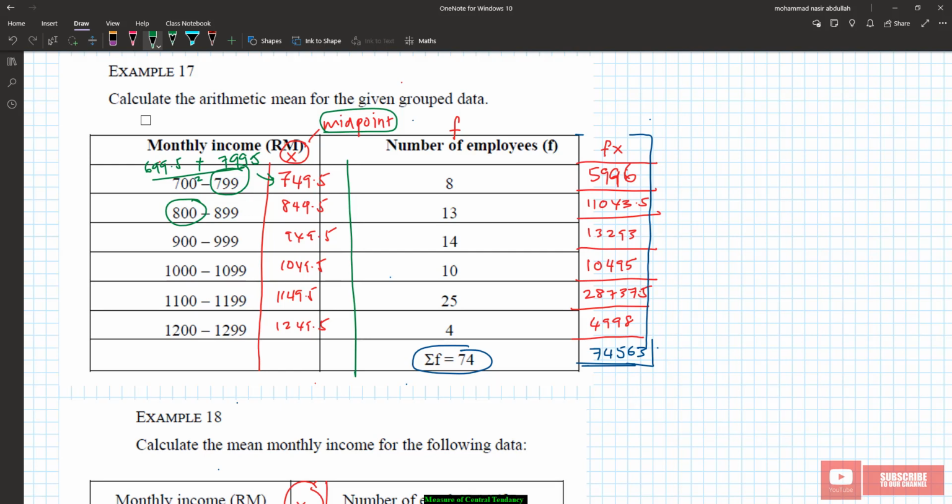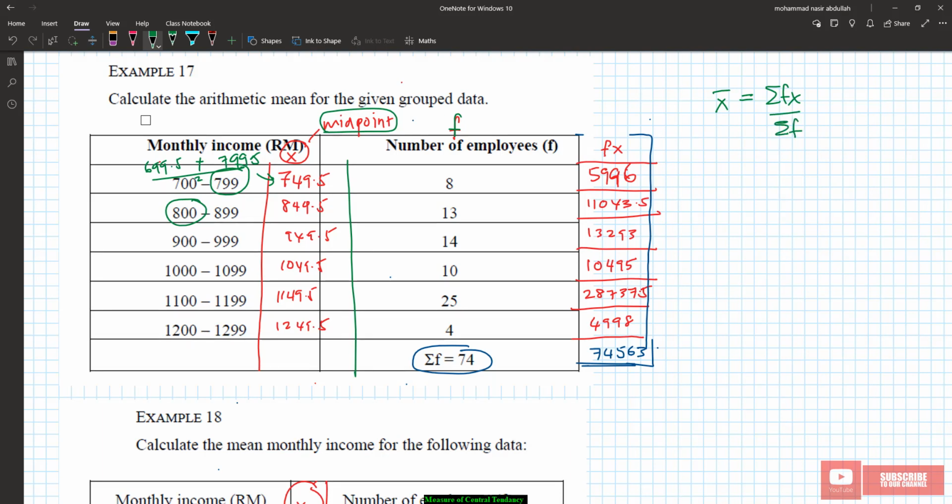And then you need to calculate this for the whole row, which means for the whole class. And this is the value of frequency. So remember, x bar is equal to summation of fx divided by summation of f.